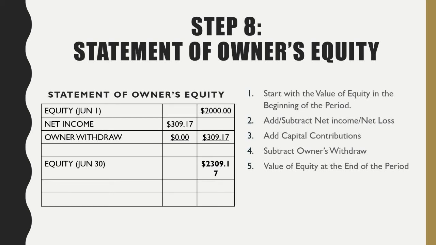So if I started out with $2,000 and I added my profit of $309, my new equity as of the end of the month of June 30th is now going to reflect as $2,309.17. So once again, it's increased because I reinvested my money into the company.